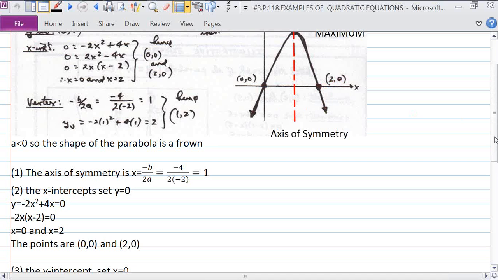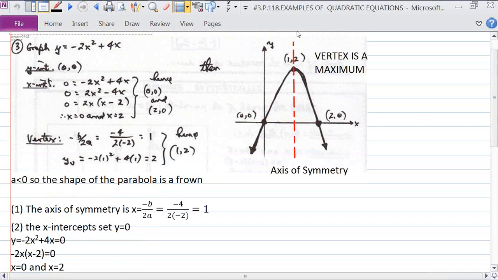Okay, so we have the axis of symmetry, which is now x equal to 1. We showed that over here. This is it right here, x equal to 1, the red dotted line. The intercepts are x equal to 0 and x equal to 2.